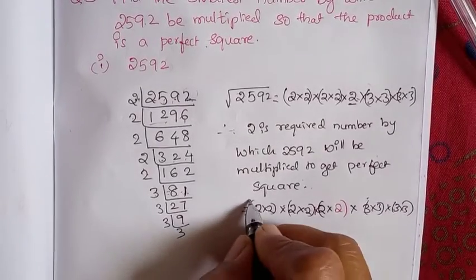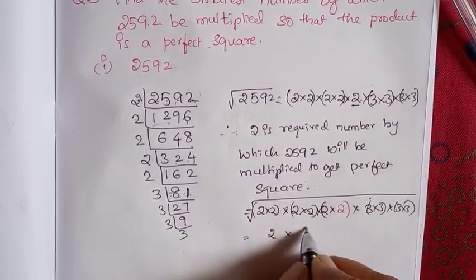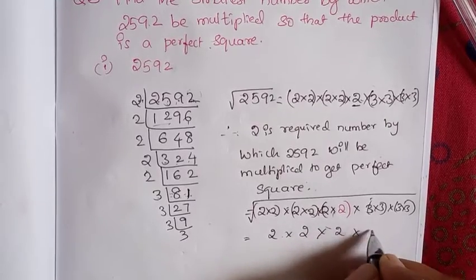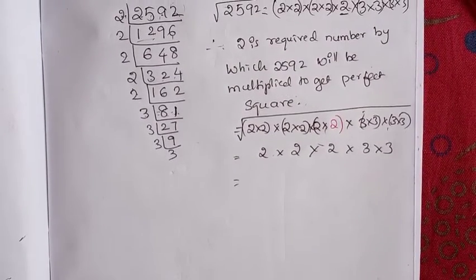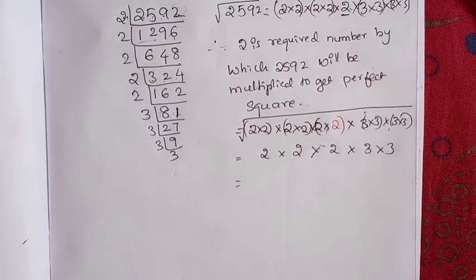Now we will put it under the square root. For each pair we take one number. Okay children, how much are we getting?